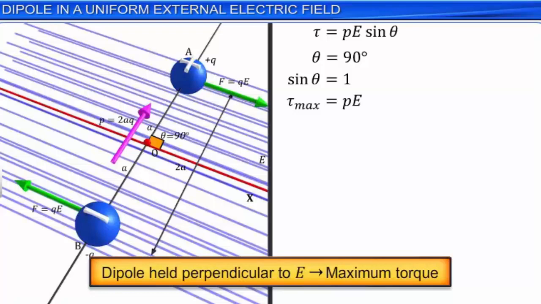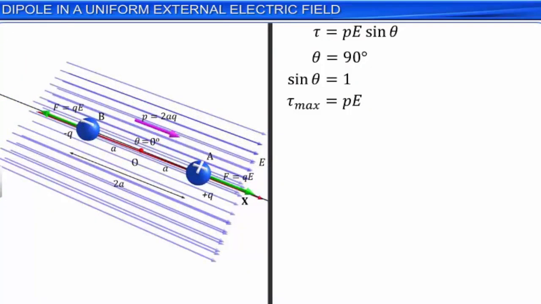When the dipole is placed such that its axis AB is parallel to the external electric field, then the angle theta is equal to 0 and sin theta is 0, and hence the torque on the dipole is equal to 0.